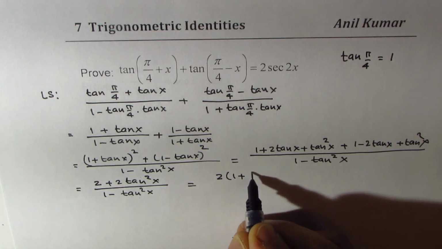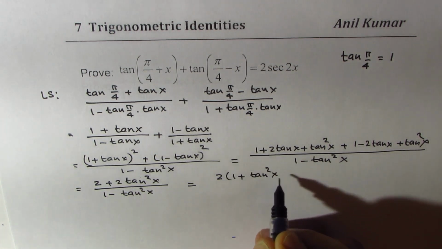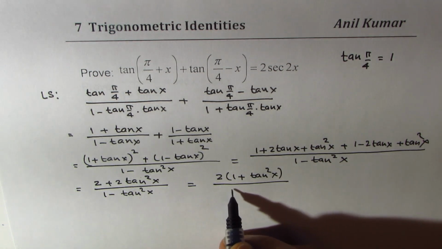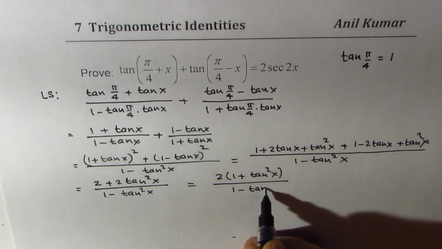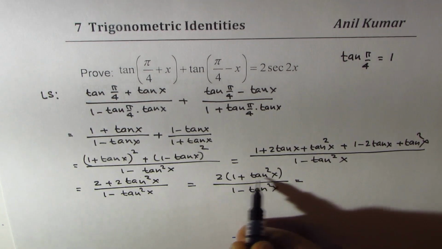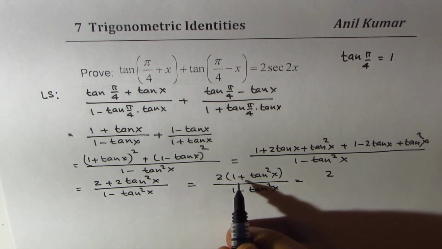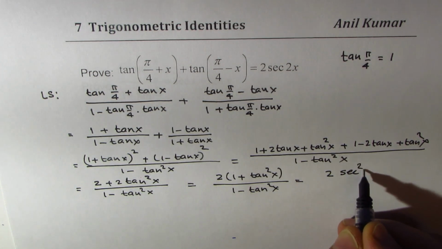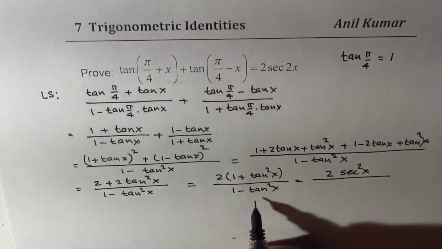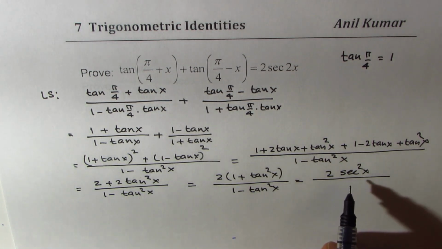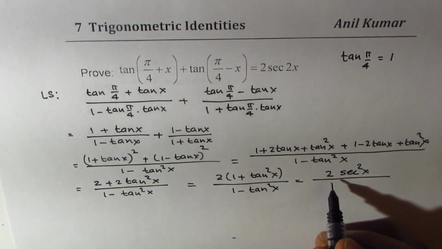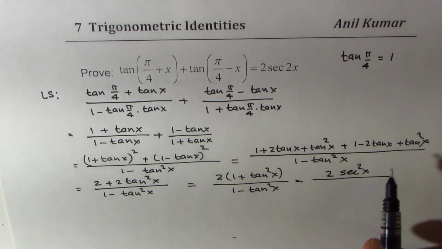We get 1 plus tan square x, which is secant square x, right? And we get here 1 minus tan square x. Now the numerator is 2 times 1 plus tan square x, which is secant square x, and in the denominator we will write this as sine and cosine. Okay, we want secant 2x.